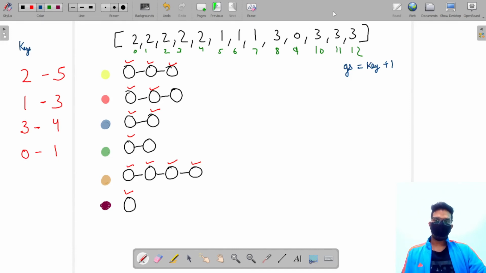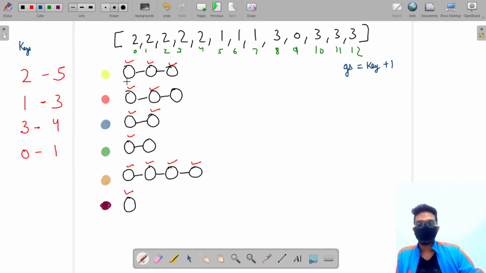Now, what I want to calculate is how many groups will be required. How can I calculate that?